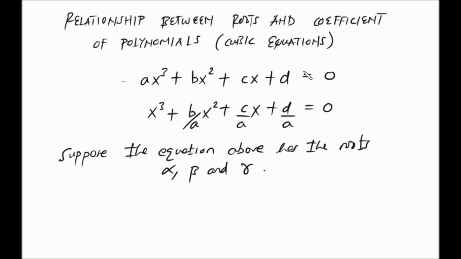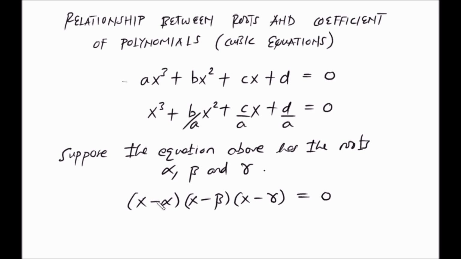Then the left hand side of this cubic equation now you can write it like this: x minus alpha times x minus beta times x minus gamma equals 0.